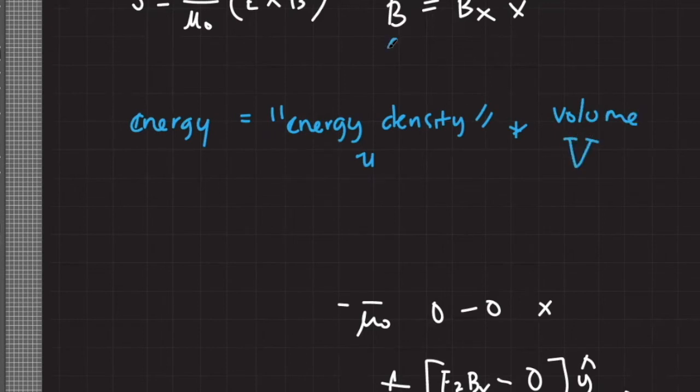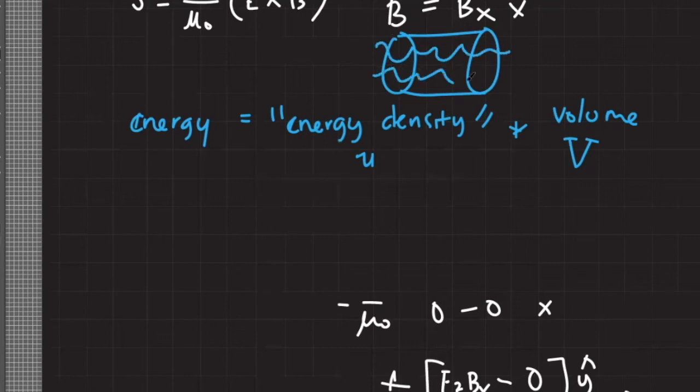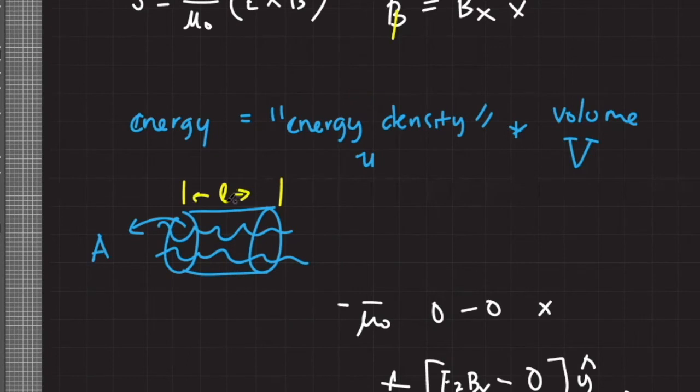So if we have an imaginary cylinder floating in space, if electromagnetic waves pass through this cylinder, I can calculate the volume of electromagnetic wave that passes through this imaginary cylinder as long as I can calculate its area here and this length of the cylinder. So area times length will give me the volume, but I would like to write this in terms of something that is intrinsic with electromagnetic waves.